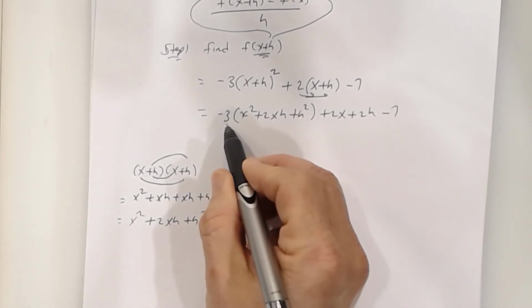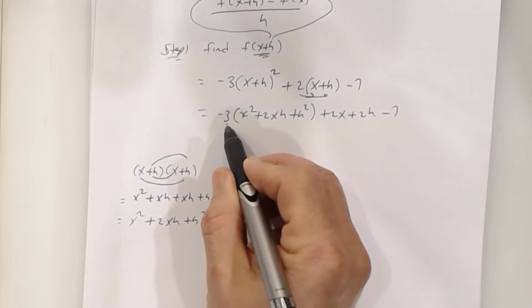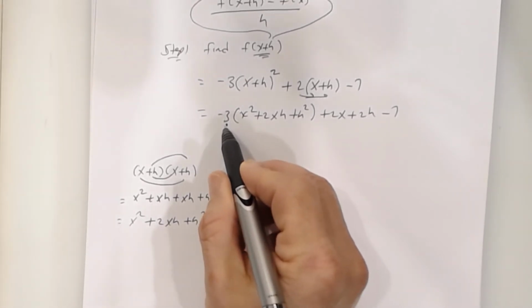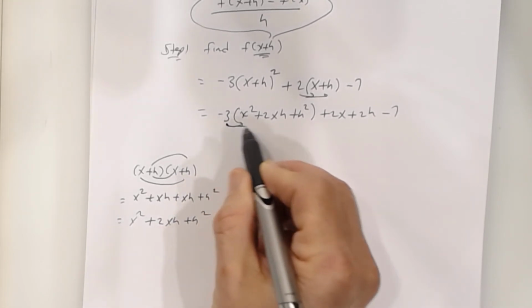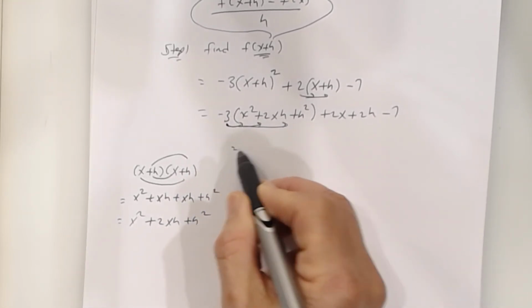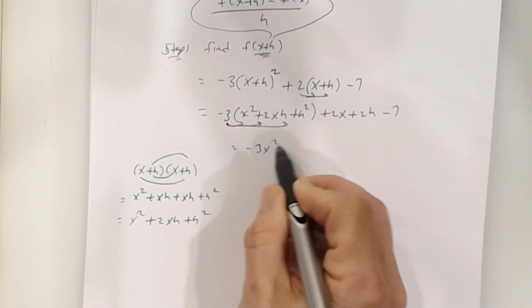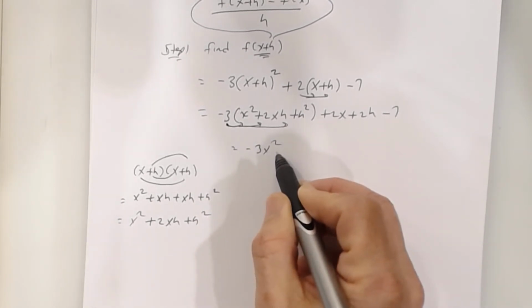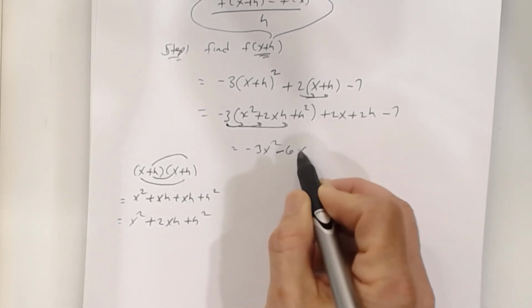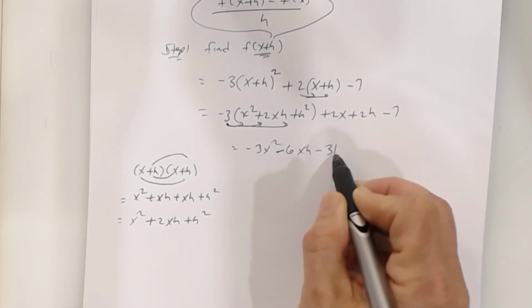Still in step 1, what's the next thing I do? Look at what I have. Distribute -3. So it becomes -3x squared, and what else? Good.